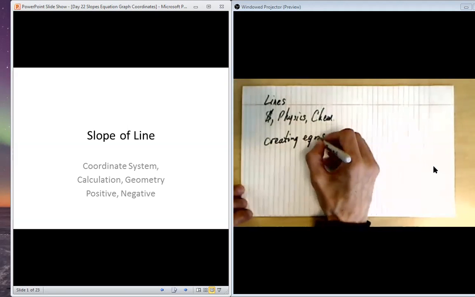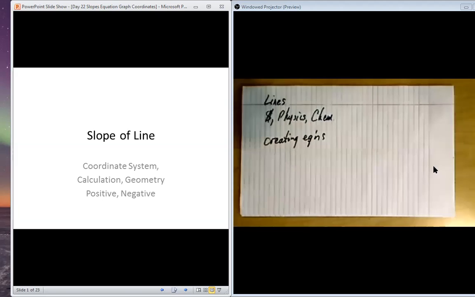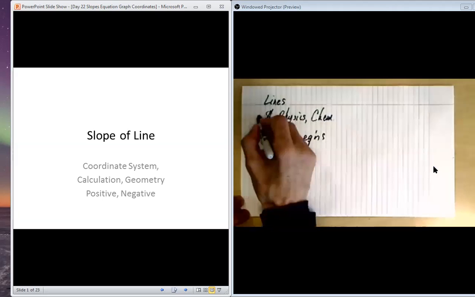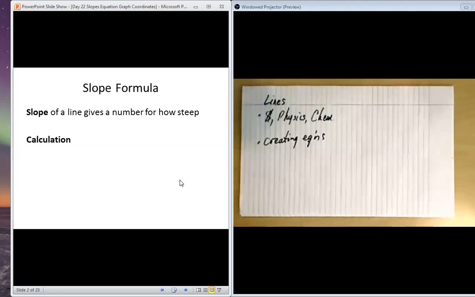Shorthand for equations, at least in this class. So we're going to talk a little bit more about this next day, the hows and whys. But for today, let's get you started here.